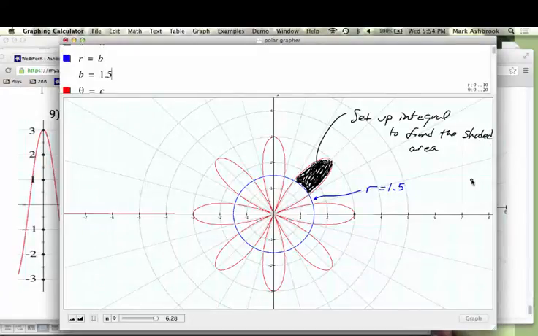And then your last task is this. So the integral to find that shaded area.